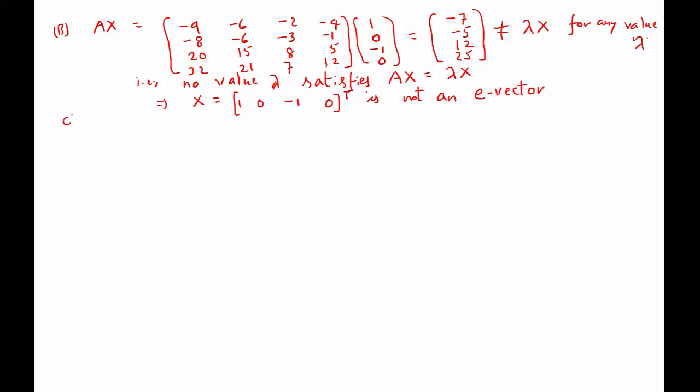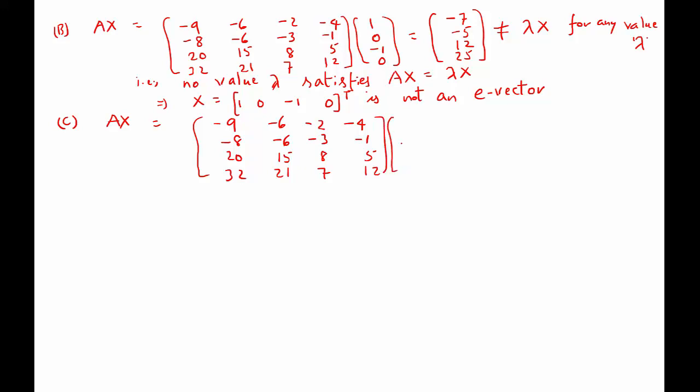Now let us take the C. A into x. So A is the given 4 by 4 matrix. Minus 9, minus 6, minus 2, minus 4. Second row, minus 8, minus 6, minus 3, minus 1. Third row, 20, 15, 8, 5. Fourth row, 32, 21, 7, 12.